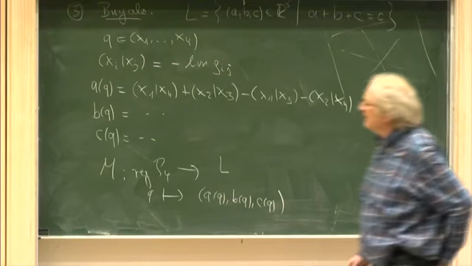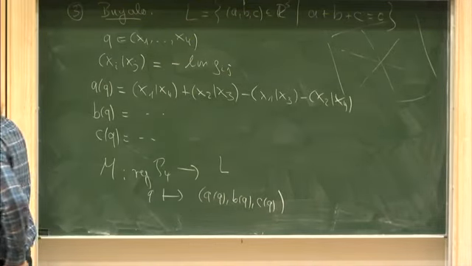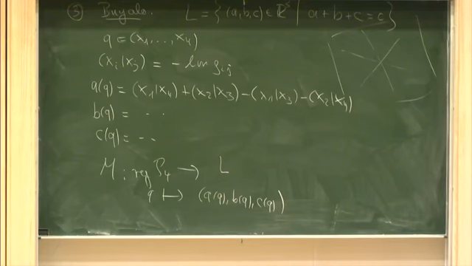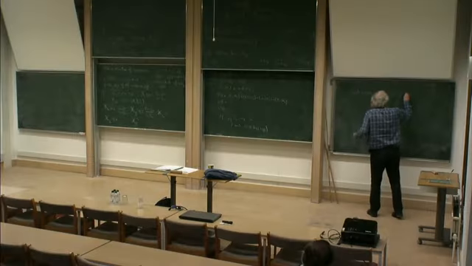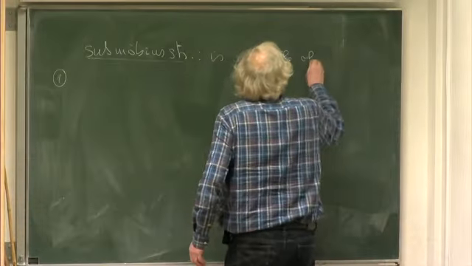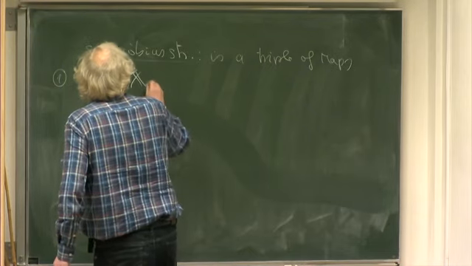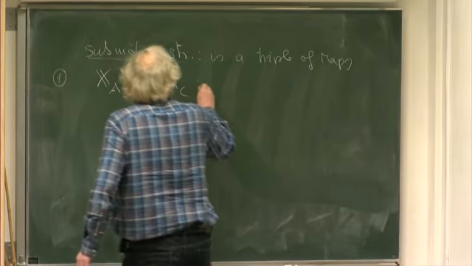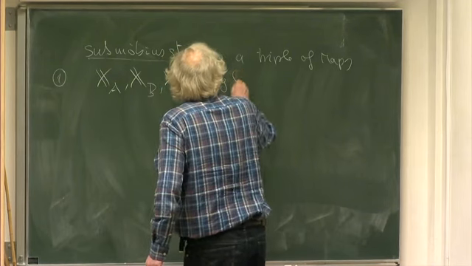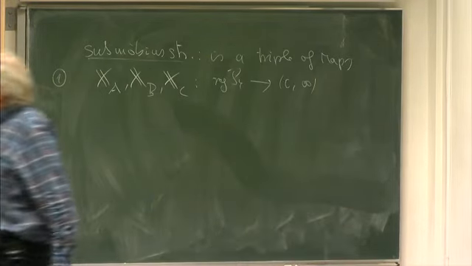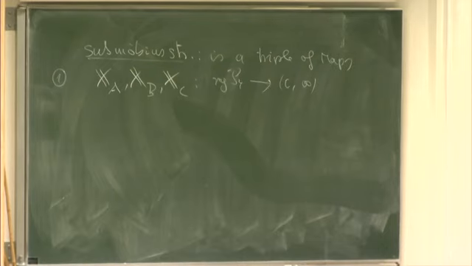You can give 3 definitions, corresponding to the 3 descriptions. The first is a triple of maps XA, XB, XC from the regular quadruples into 0 to infinity, which satisfies these symmetry conditions.